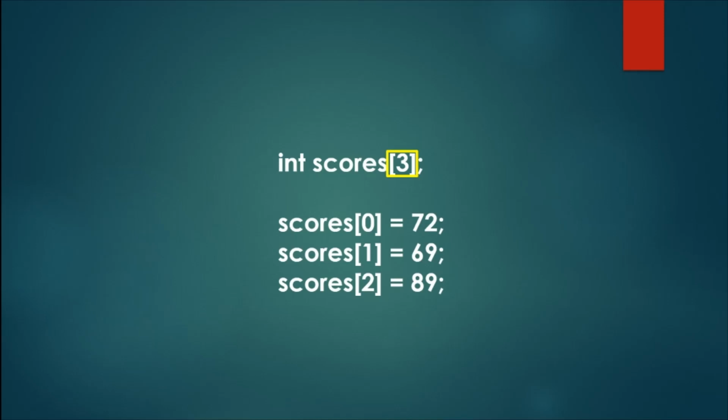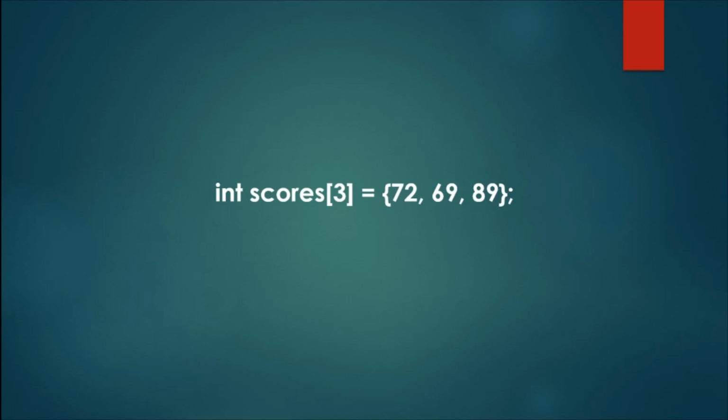A static array is just an array that we already know what values we want to put in it. For example, if I know that I want to create an array called scores with these 3 particular scores, I could do this shorthand in one line like I proposed that we would see in a previous video. So I would use the similar syntax of int scores bracket 3, but then I can immediately assign some values to this array inside these curly brackets.